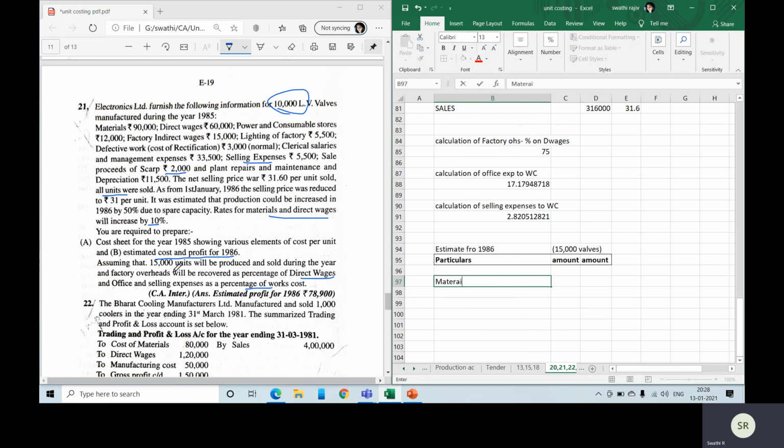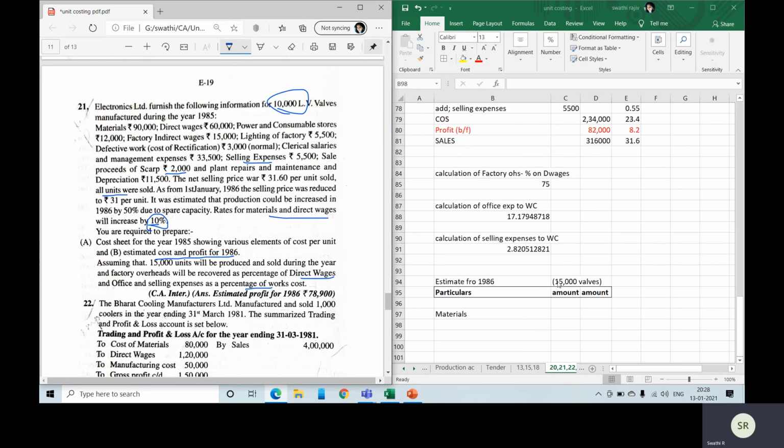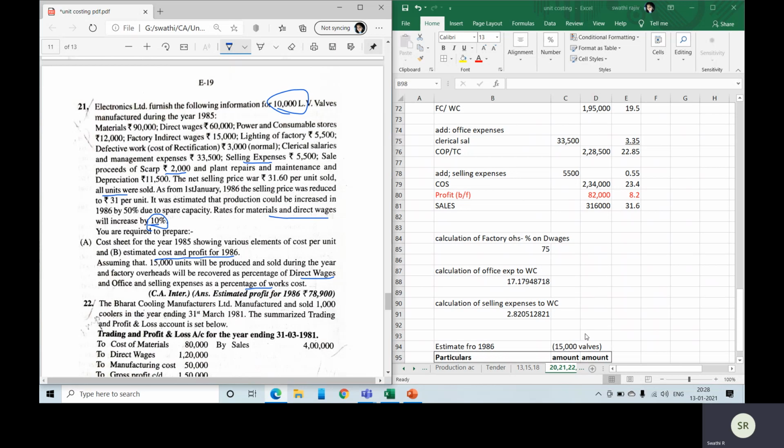Let us just read the question. It was estimated that production could be increased, and the rates for materials and direct wages will increase by 10%. So the material amount is not directly given to you, but we know 15,000 walls are going to be produced.